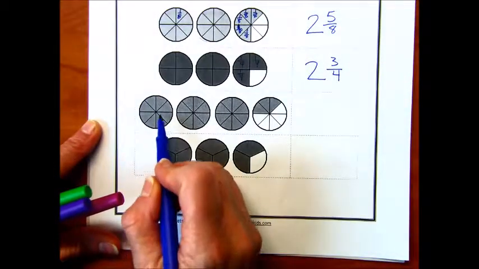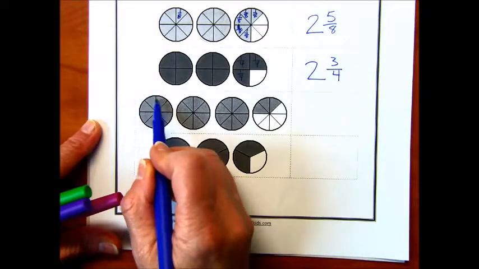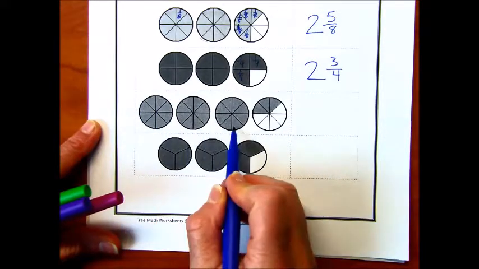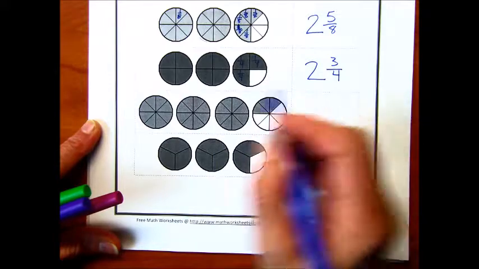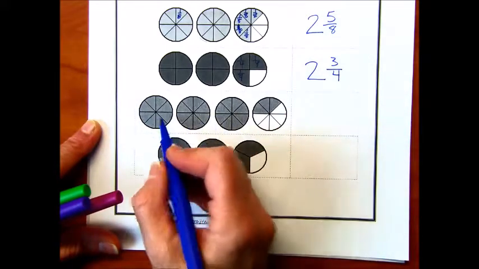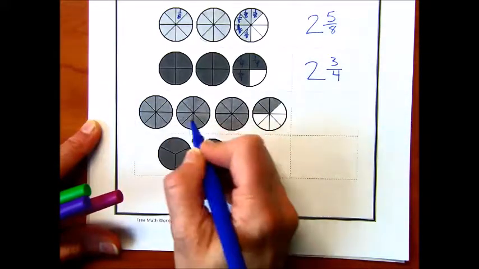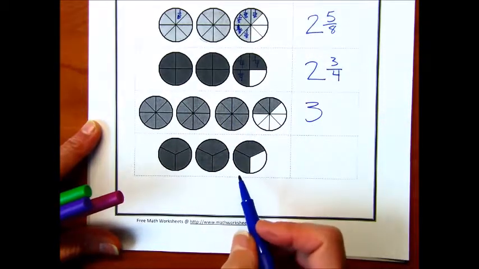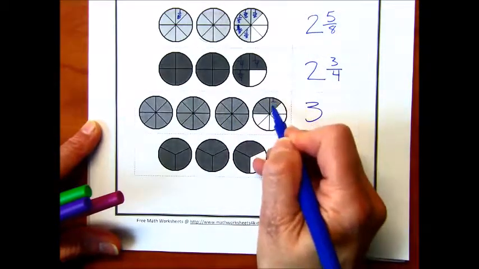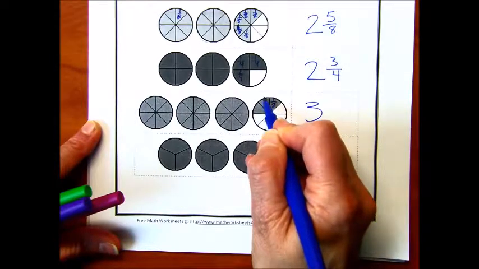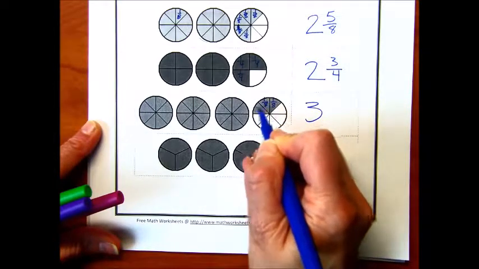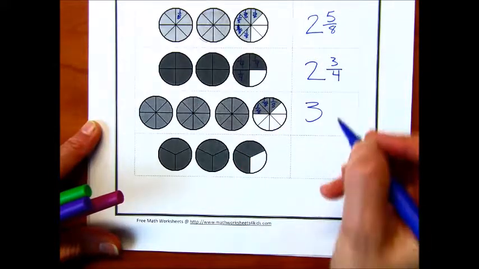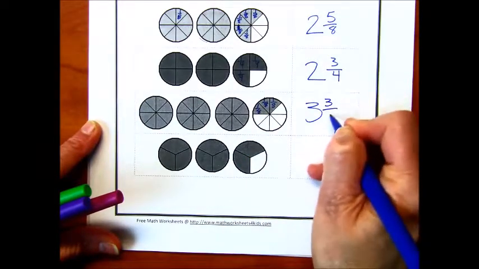Again, looks like these are eighths, 1, 2, 3, 4, 5, 6, 7, 8. Notice we have 8/8, 8/8, 8/8. So that's 3 whole pieces, and we have 1/8, 2/8, and 3/8. So that would be 3 and 3/8.